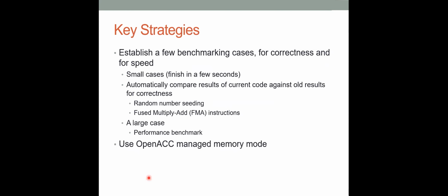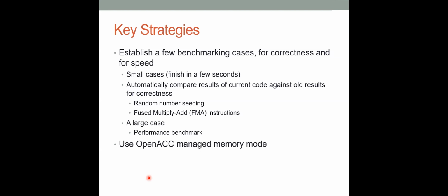So our key strategy to port the code to GPU is to establish a few benchmarking cases. These cases are to ensure the GPU code is correct, and also so we can measure the speed up. These benchmarking cases should be small, so they can finish in a few seconds. And we have a script to automatically compare the result of the current code against the old results on CPU. So we can ensure the GPU result is always compatible with the CPU code.